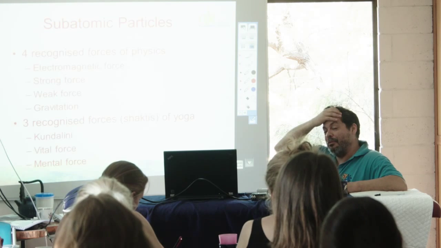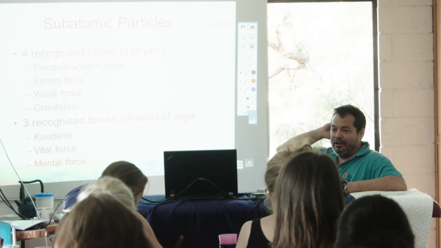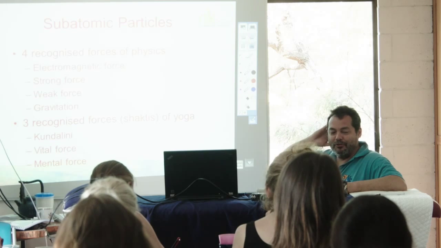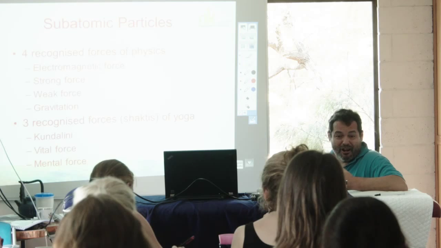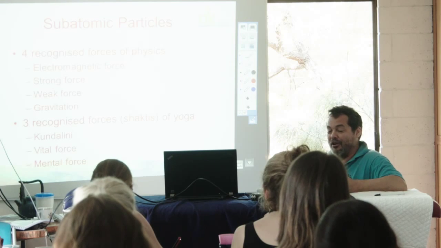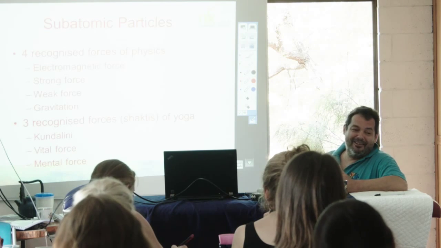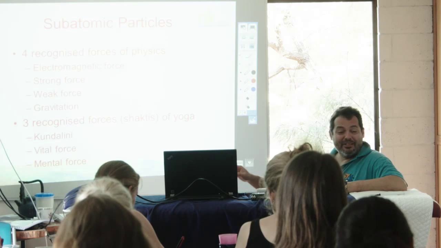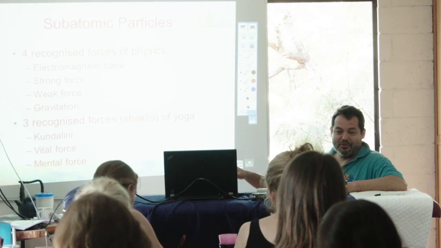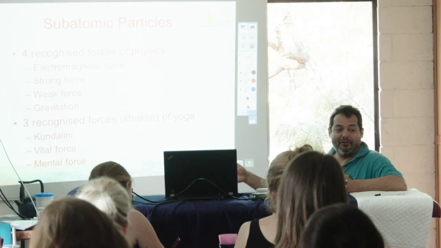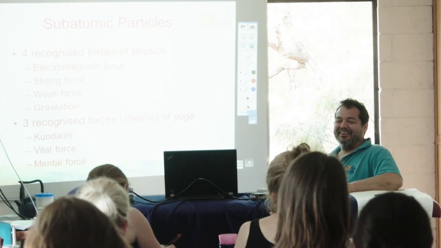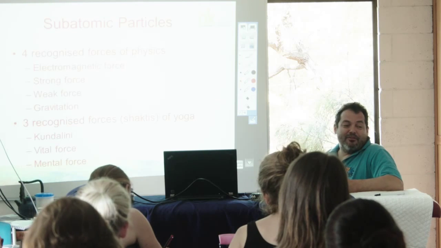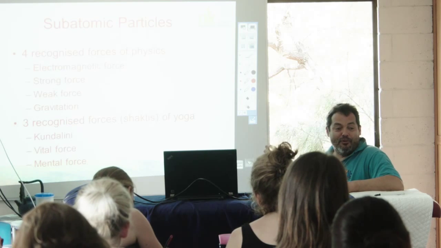So then I propose that there's a carrier particle for Kundalini called the Kundalon, and the vital force, which is actually prana, which I propose pranon. And then the mental force, which we would obviously call a mentalon. I think that's fun. But when I saw that, I thought, of course, so that makes 7 forces.